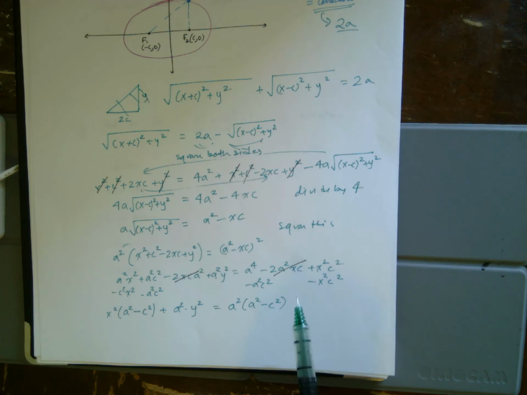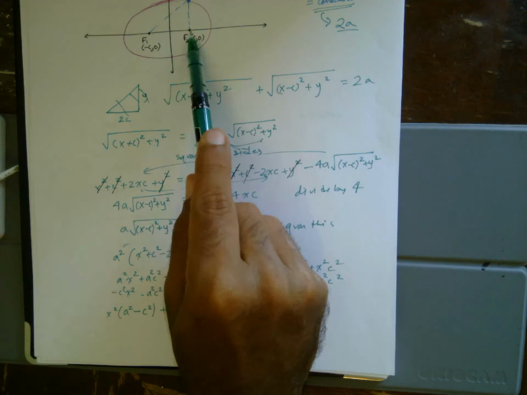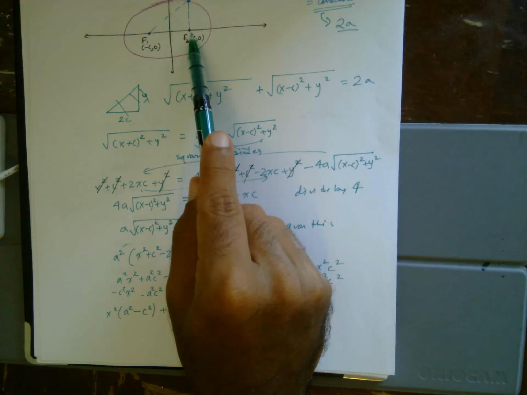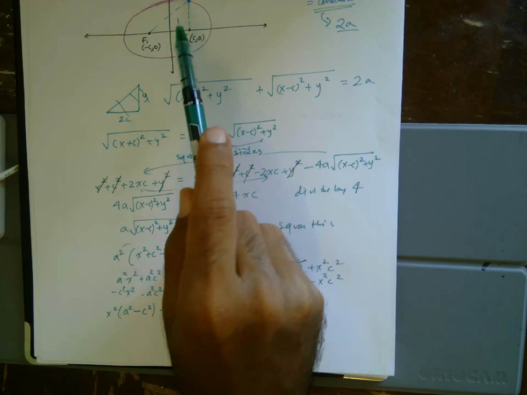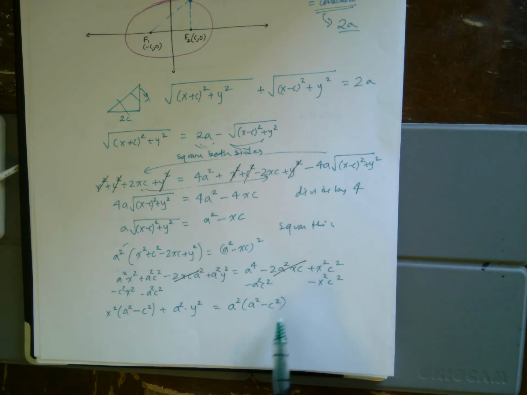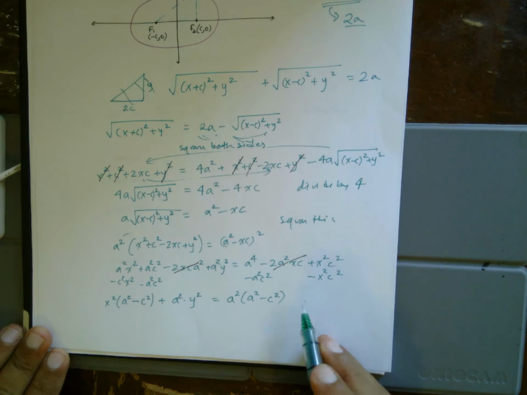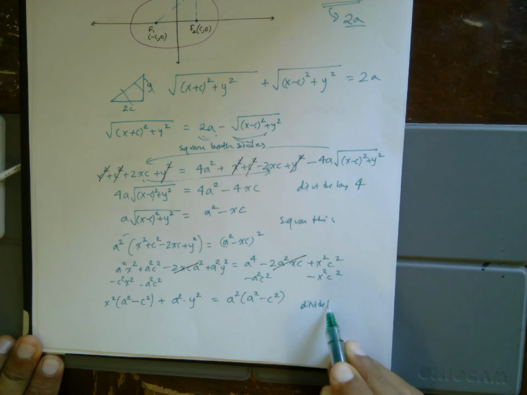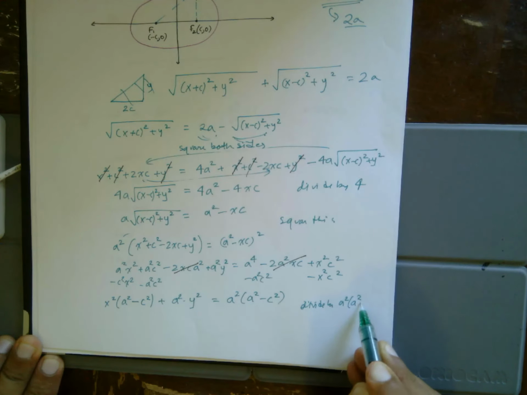Okay, now let's look at these values of a and c. This distance is 2c, and the sum of these is 2a, right? So we know 2a is more than 2c, so this is going to be positive. Let's divide by a squared times a squared minus c squared.